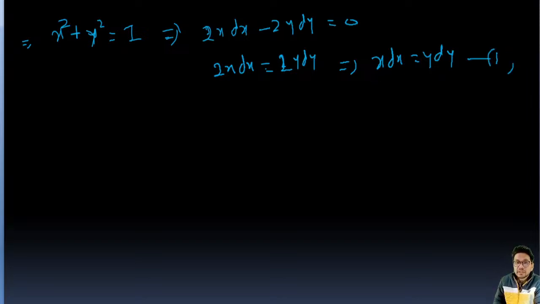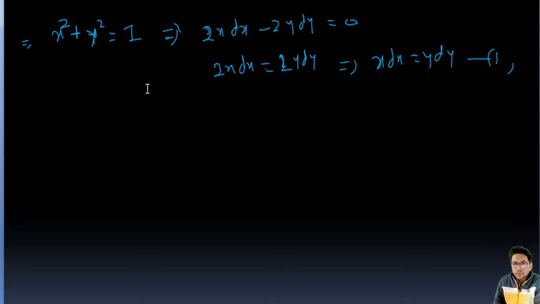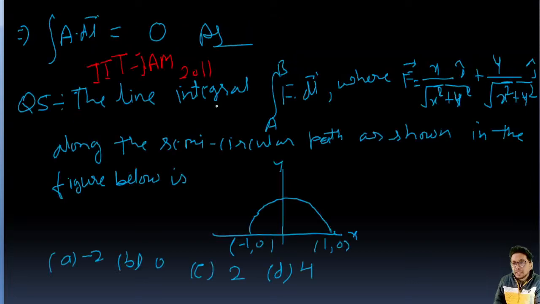The semicircle is the given path, and the radius is obviously 1. Now we need to find the integration of F dot dl, so first we will find F dot dl, then we'll put in the value.